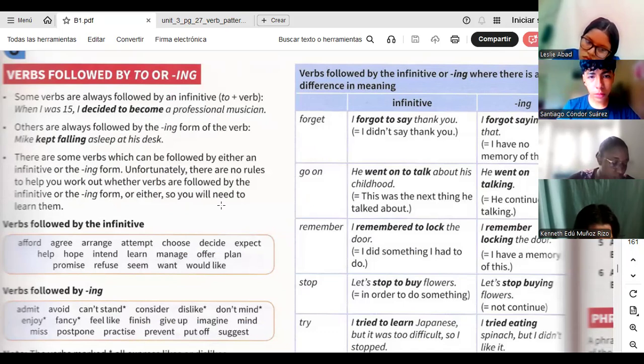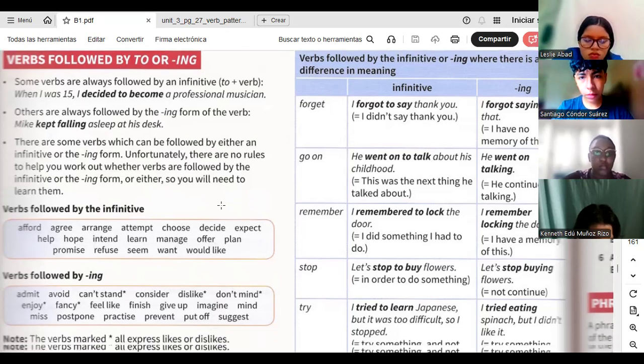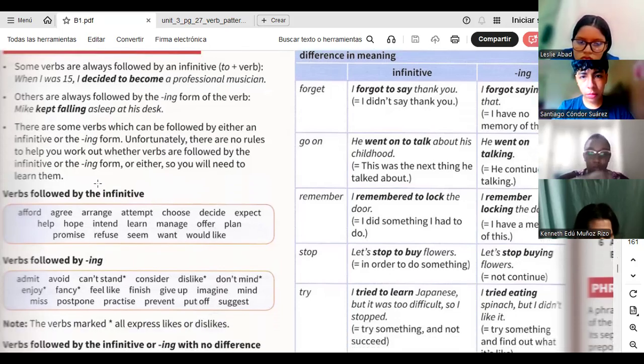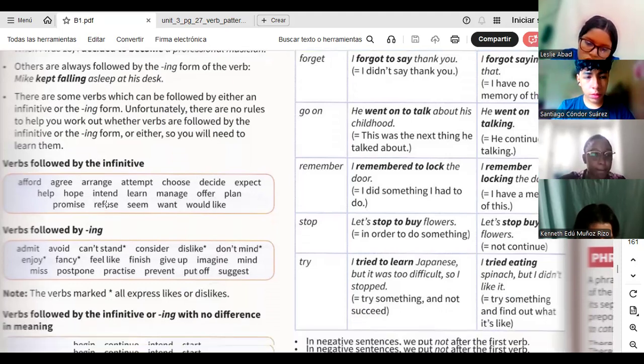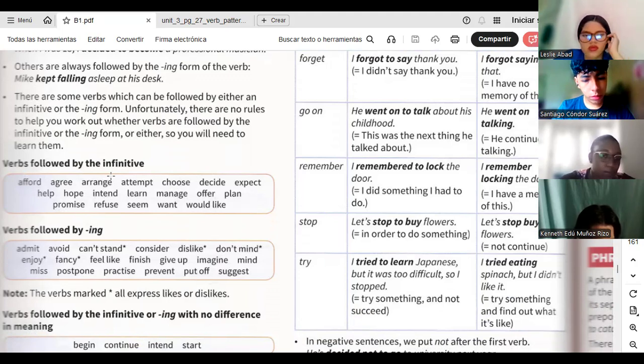O sea, como les he dicho varias veces, chicos, no hay reglas. Toca sí o sí memorizárselo. So, verbs followed by infinitive. Here we have some of them: afford, agree, arrange, attempt, choose, decide, expect, help, hope, intend, learn, manage, offer, plan, refuse, seem, want, and would like.